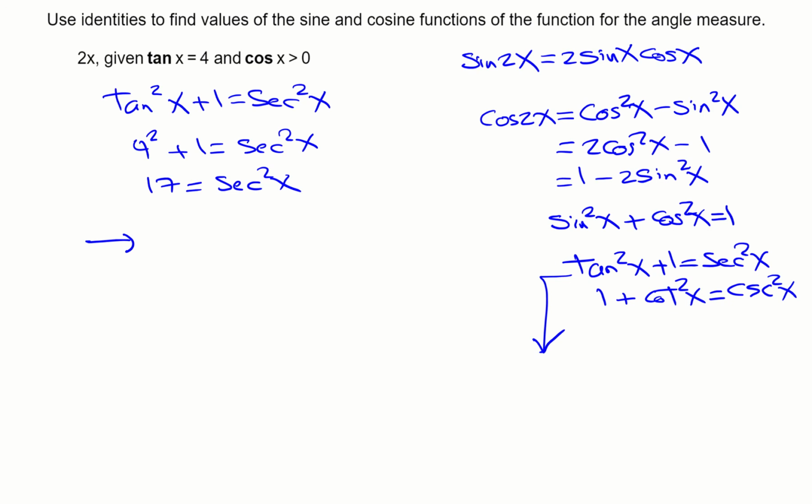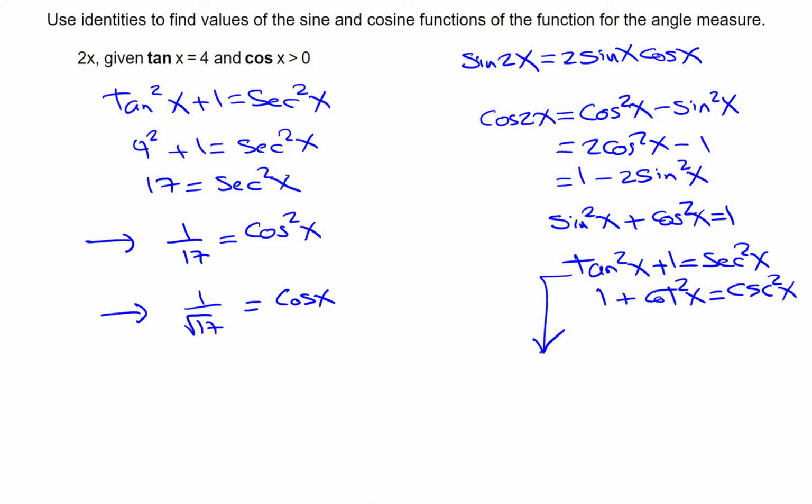So since secant squared x is 17, I know that cosine squared x is going to be 1 over 17. So now I will take the consideration that cosine is positive to determine that cosine of x must be positive 1 over square root of 17.